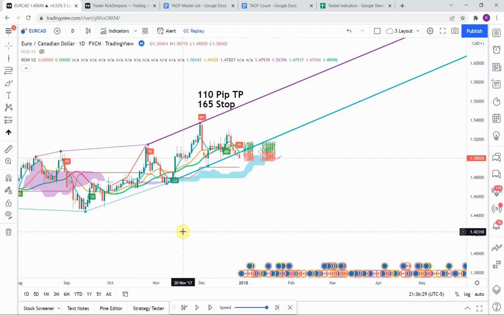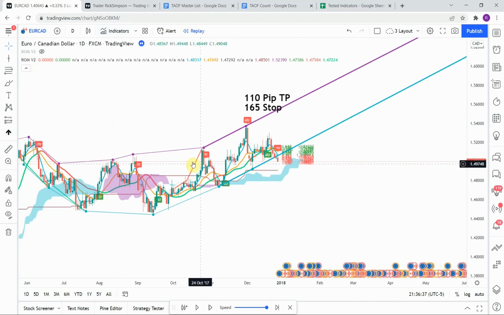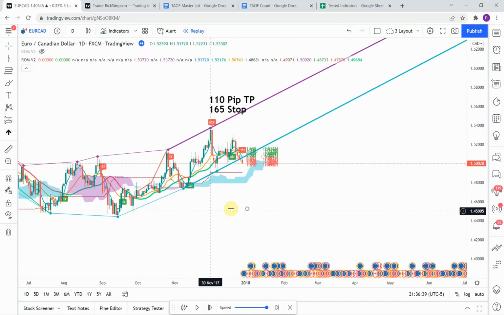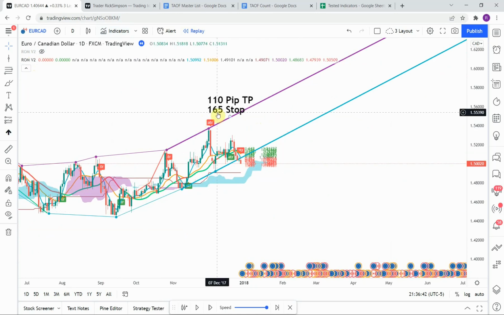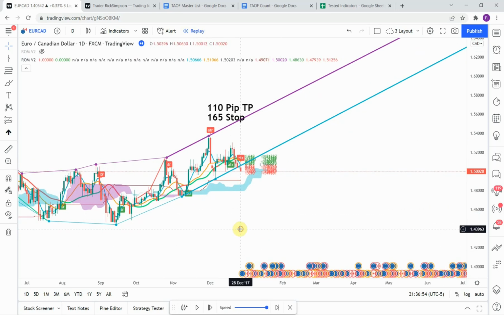In the last video, I explained that the creator of this indicator suggested that we use multiple points of this indicator to determine whether or not we are trending in one direction or the other before then taking these red or green ATR tags as a buy or sell signal.